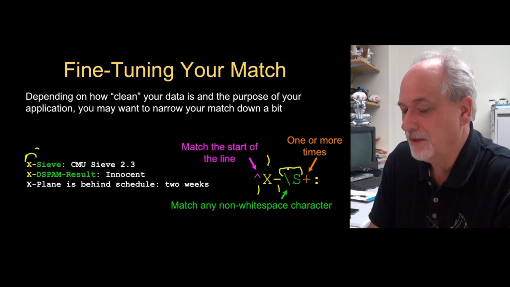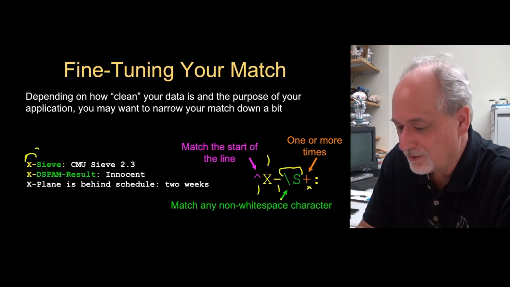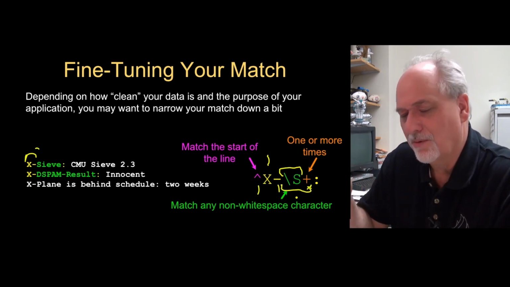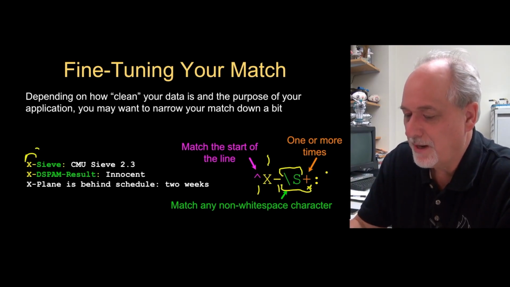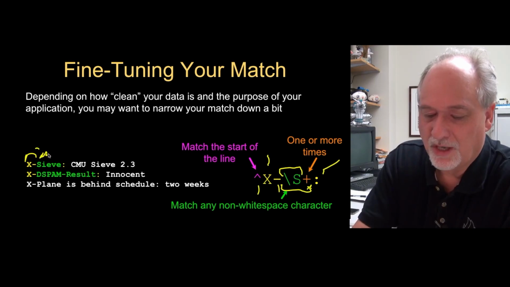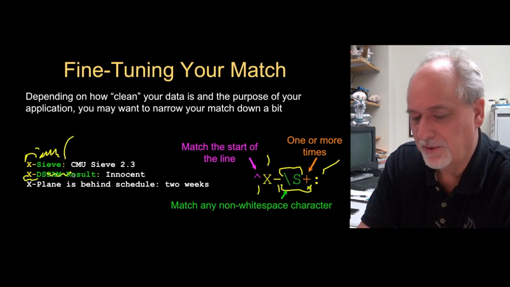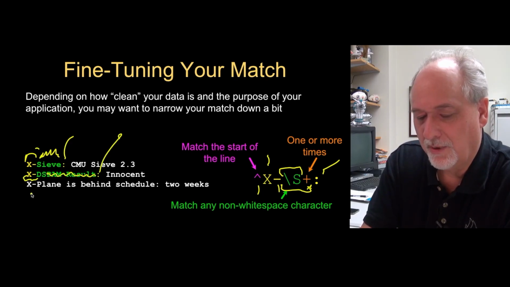And then plus means one or more times, so one or more non-white space characters. True. And followed by a colon, which is just a character. So now we have X dash followed by one or more non-white space characters followed by a colon. X dash followed by one or more non-white space characters followed by a colon. Here we have X dash followed by one or more, whoops, there's a space there. And so this doesn't match.